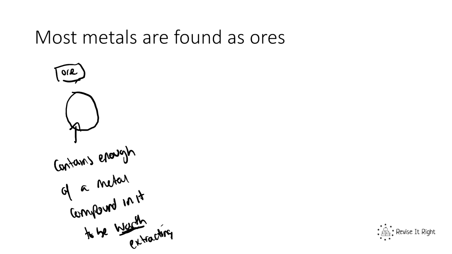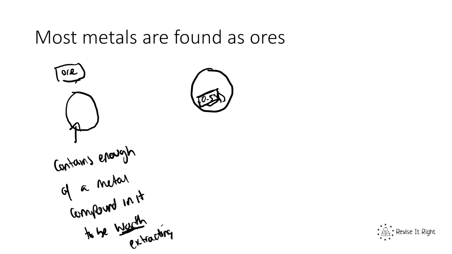We may come across a rock that only contains a small amount, let's say 0.5% of the metal that we actually want, and therefore it will cost more to extract it than that metal is actually worth. Okay, and if that's the case, then we don't consider it an ore, because we will not extract that metal because it's not worth it to do so.